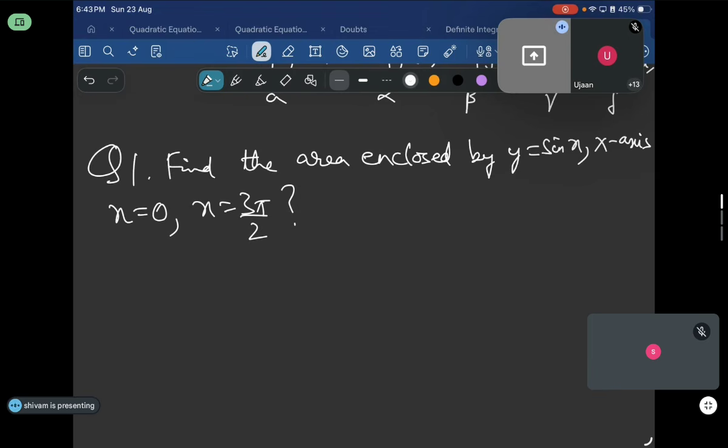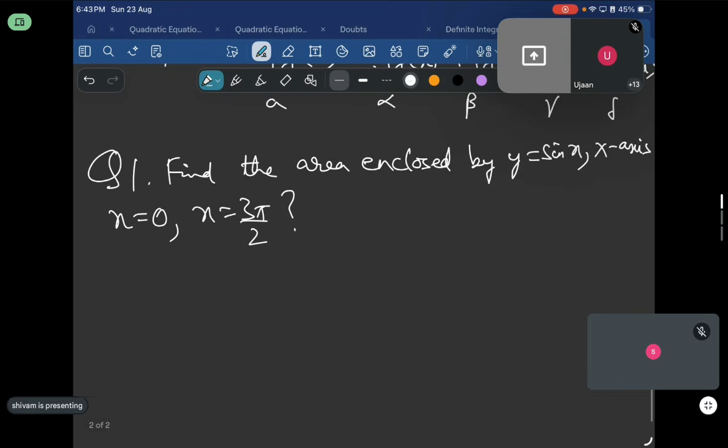Not the net. But the net means negative you have to count. Yes, over here I am not talking about the net area. Scalar area. Okay.